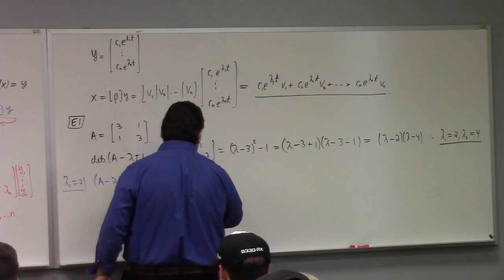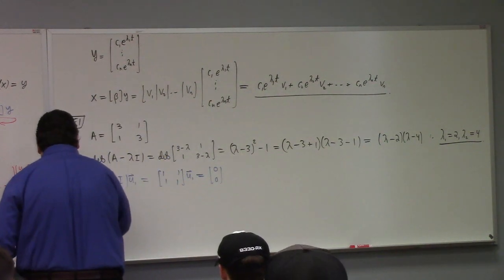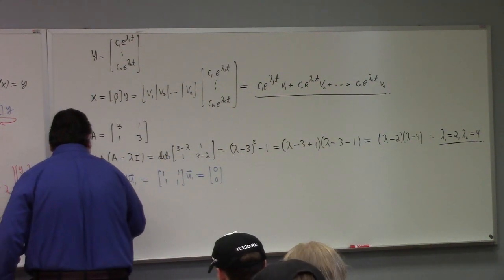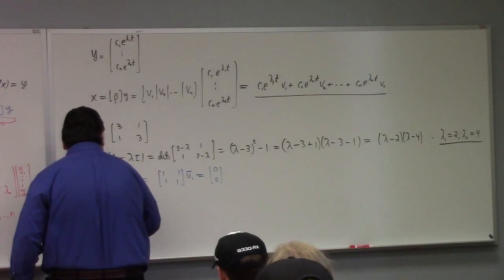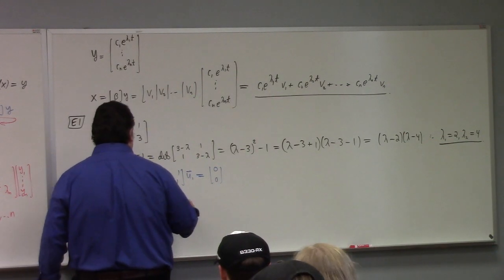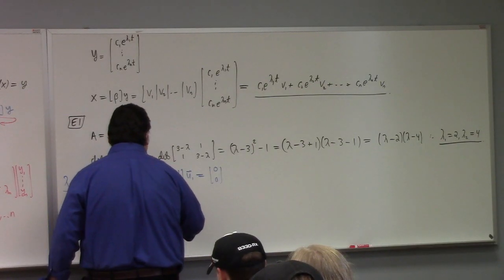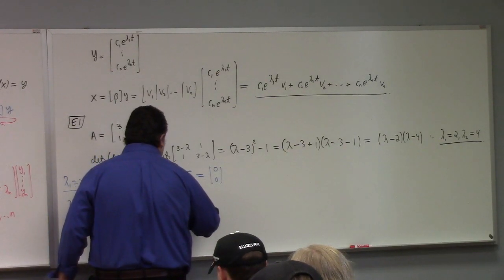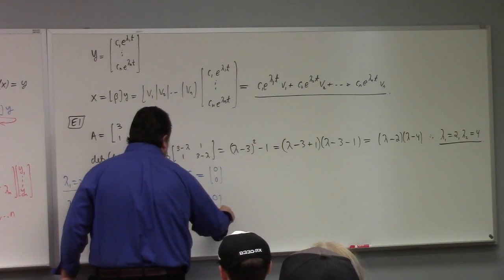That's my problem for that one. Lambda 2 equals 4: I've got to solve (A minus 4I) times u2, which is [minus 1, 1; 1, minus 1] times u2 equals [0, 0], right?